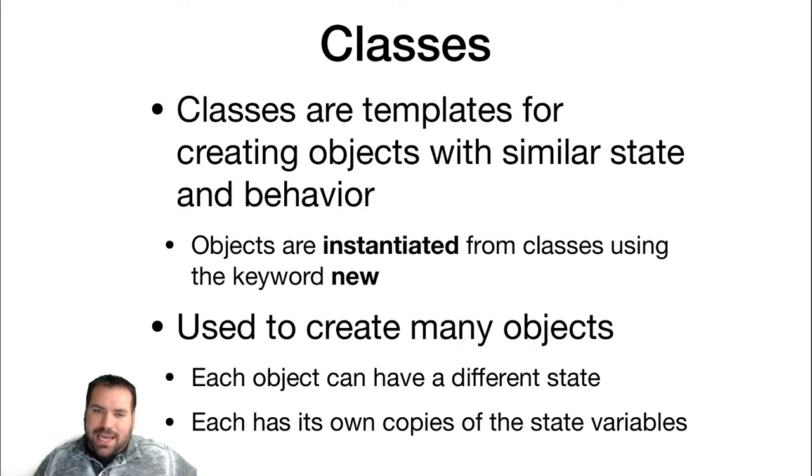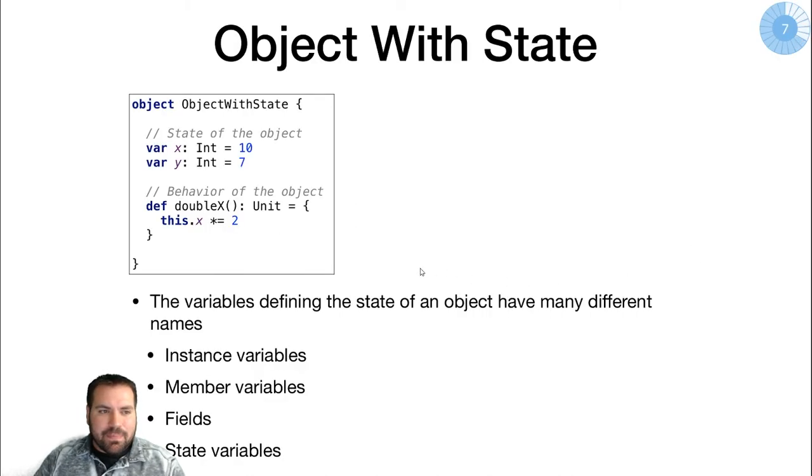What was the point of this.x? I'm accessing the state of that object. So I have a method. Every method in an object has access to the state of that object. So when I say this, I'm saying this object that we're working with right now, which is the object with state, this object accesses its x variable, its x state variable, and multiplies it by 2.